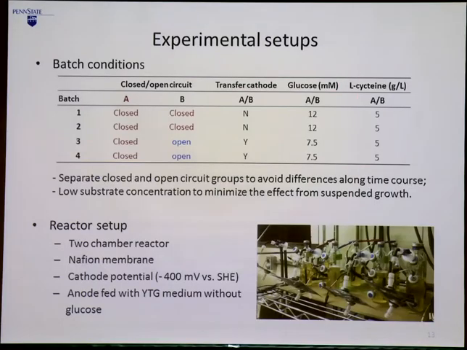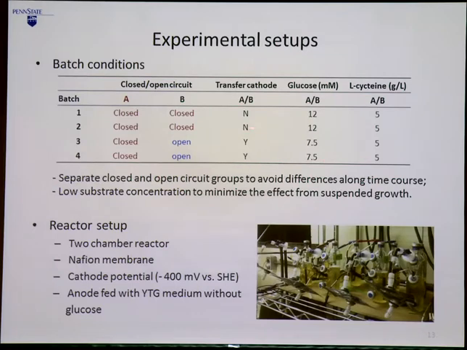In order to minimize the effect from suspended growth, we lowered the glucose concentration. This is around 1 gram per liter, 12 millimolar, and then down to half of it.